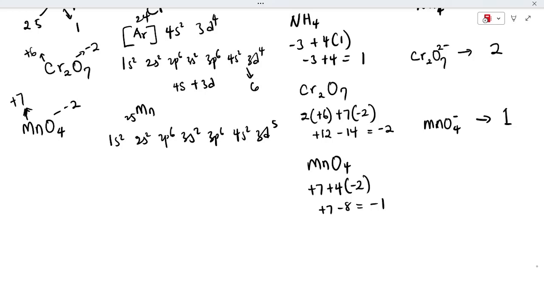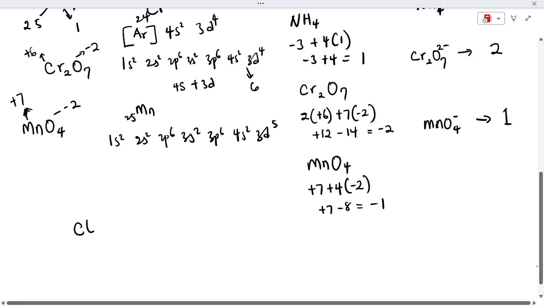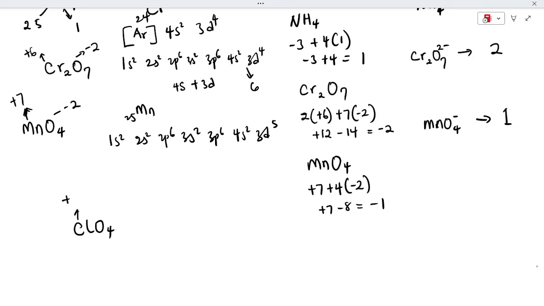However, like I said at the very beginning, chlorine, we said it has an oxidation number of 1. However, it can vary. But that minus 1 is simply its most common oxidation number. That's why I give an example in ClO4. In this case, chlorine here exhibits an oxidation number of plus 7.